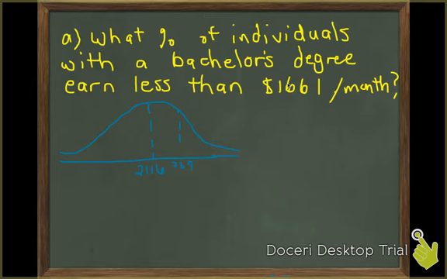Okay, 2 standard deviations to the right would be 3026. And then 3 standard deviations to the right would be 3481. Okay, going to the left. All right, that is the worst looking curve ever.